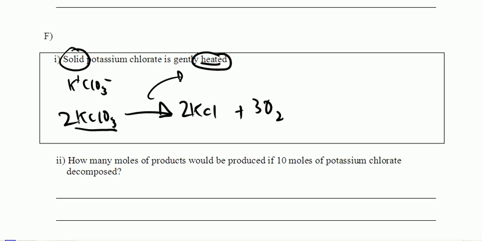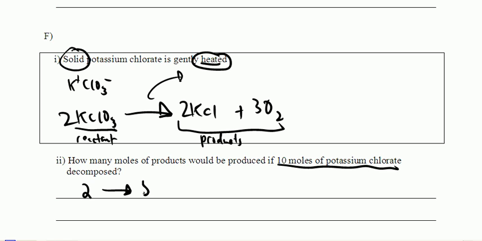Okay. How many moles of products, so here are my products, would be produced if 10 moles of potassium chlorate, my reactant, decomposed? Well, right now we start with 2 and we go to 5. The 2 plus the 3 equals 5.